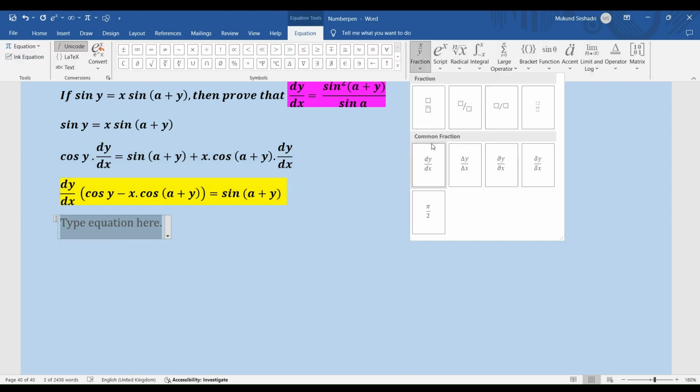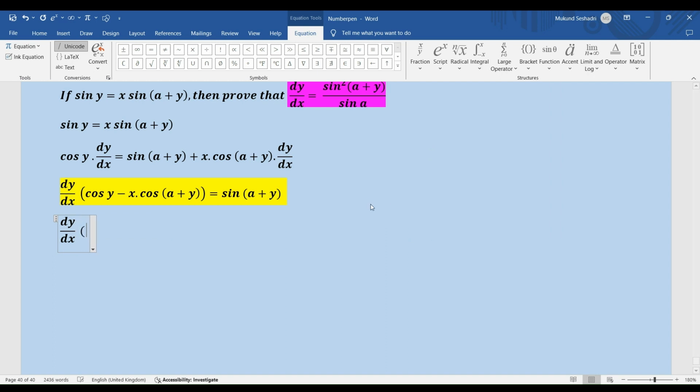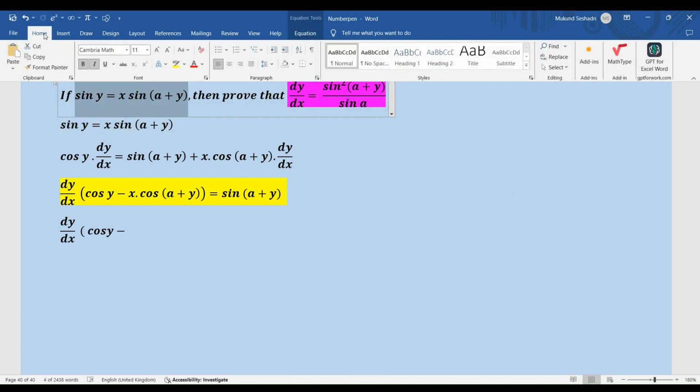How do I do that? My dy/dx cos y, I retain it as it is. My x is what I said we'll have to eliminate. I have a way to eliminate x. And what is that? Look at the expression given to us, right? My sin y equals x times sin(a + y), right? And from this, I can eliminate my x. So what is my x then?